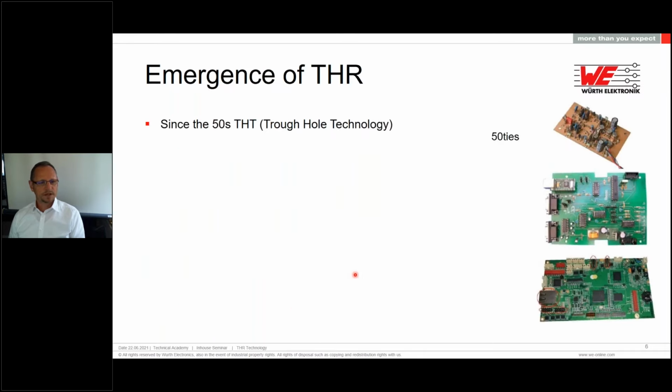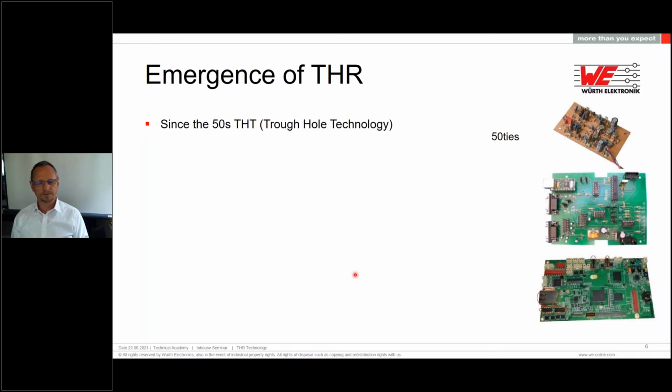So how did it come to THR? Every one of you knows that in the 50s, the THT technology came up, where there's a PCB with a hole inside, and the cable of the component goes through the via and is soldered on the bottom. So it's running over a soldering wave.